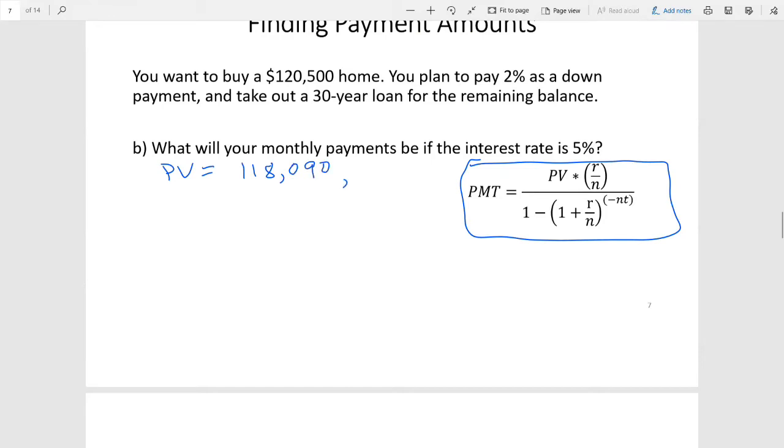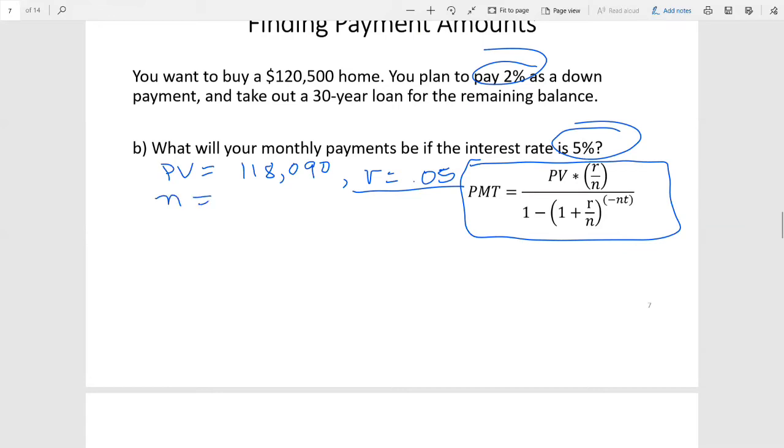Your rate is 5%, which is 0.05. By the way, look very carefully at everything that's given here and don't confuse the 2% down with the 5% interest rate. So the rate is 0.05.